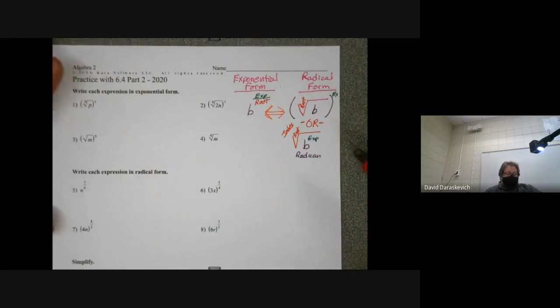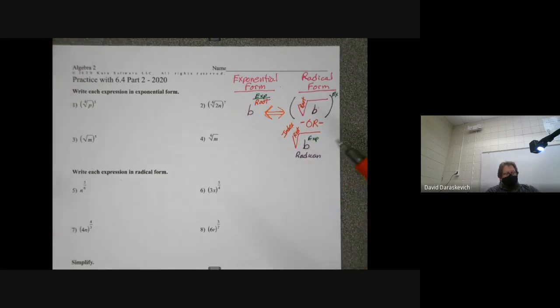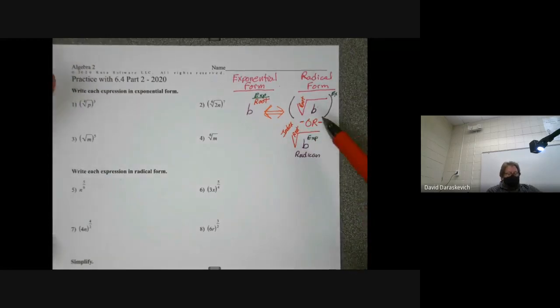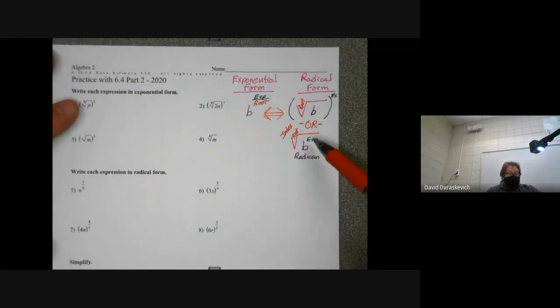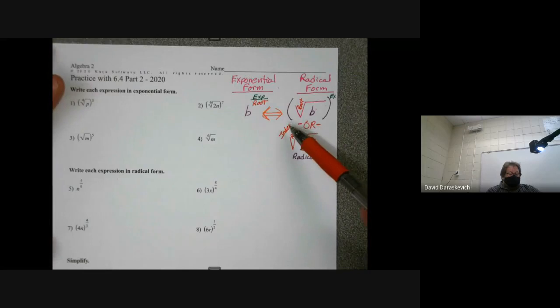So what happens is, because these are kind of new terms, and new, I mean like, probably 100 years ago, I wouldn't say that. I was taught base, exponent, root. You guys, I don't know if they did this in Algebra 1 or not. I don't know if they taught you index, radicand, and exponent.